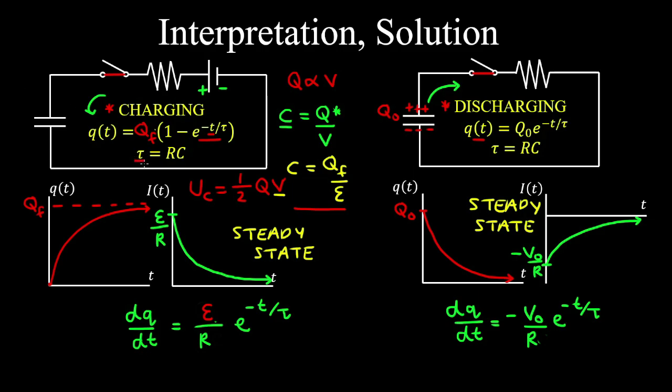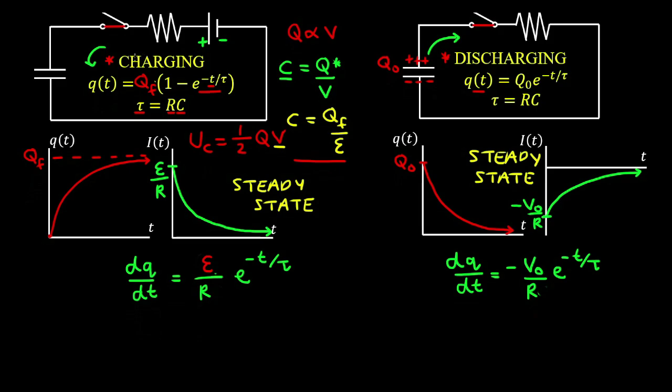Now the time constant tau is a significant quantity of an RC circuit. So it's a measure of how quickly the capacitor will charge or discharge. So noting that tau is equal to the resistance by the capacitance, verify that this is in units of time. So for a charging capacitor, if we substitute t equals tau, we have Q of tau is equal to the final charge by 1 minus e to the negative 1.